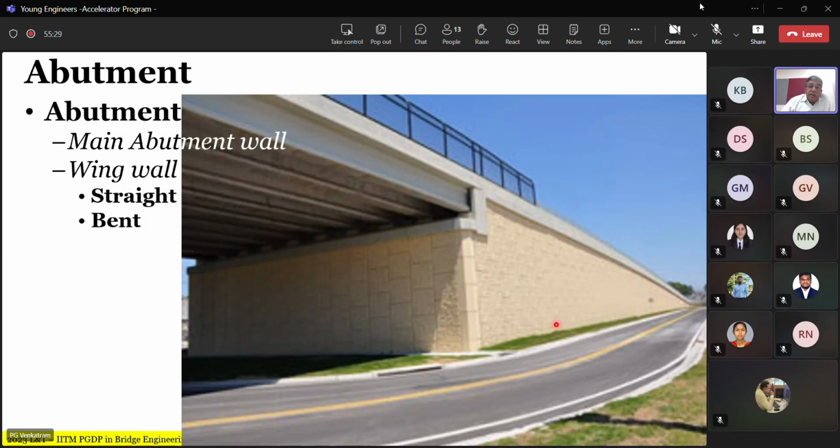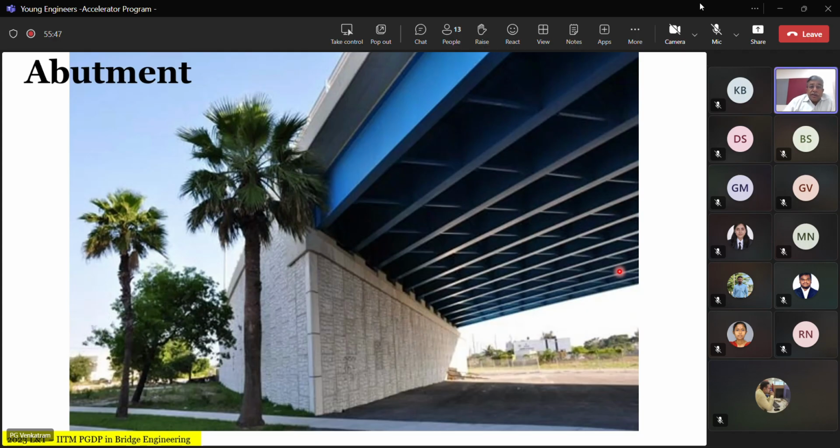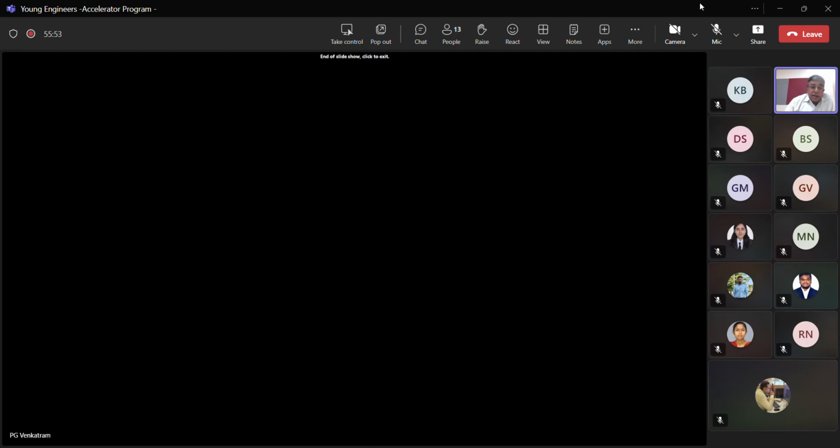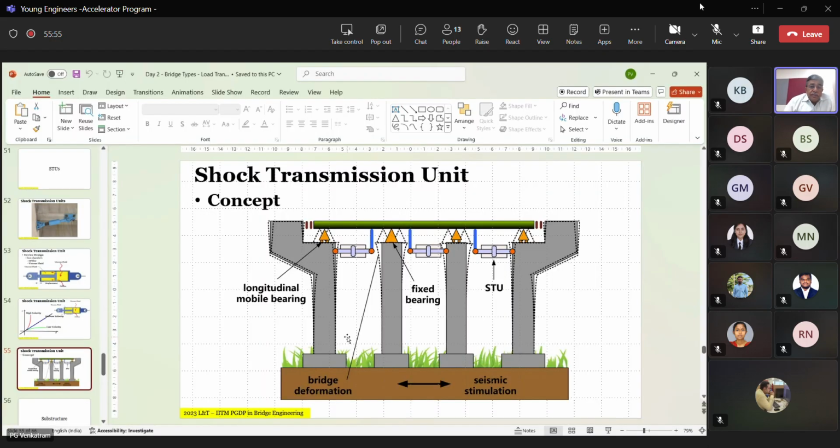An example of a straight abutment is this, where you can see that the abutment wall is there and the return is completely along the alignment. So this is the main abutment wall, and that would be the wing wall. Now, you can have this abutment sometimes in skew and sometimes in perpendicular, as you have seen in the previous example.